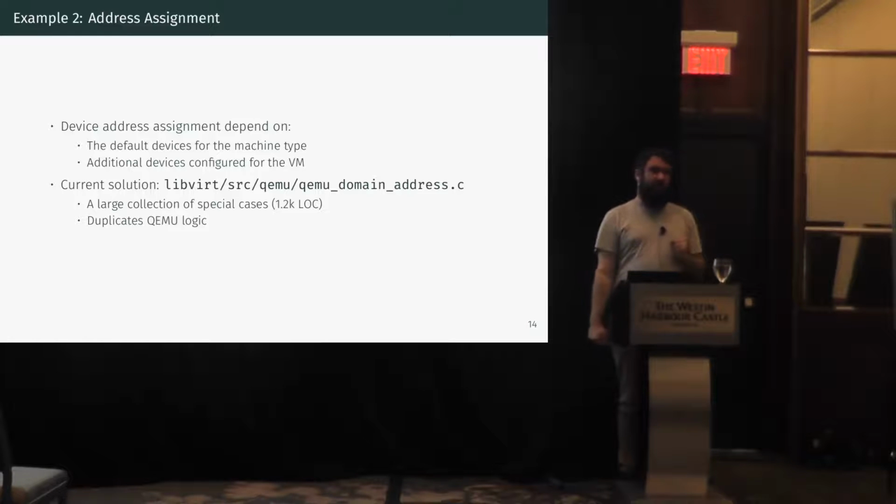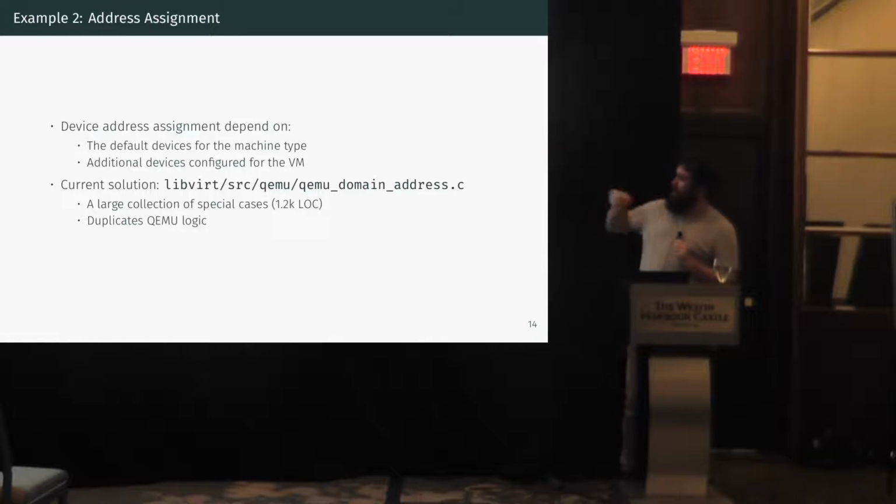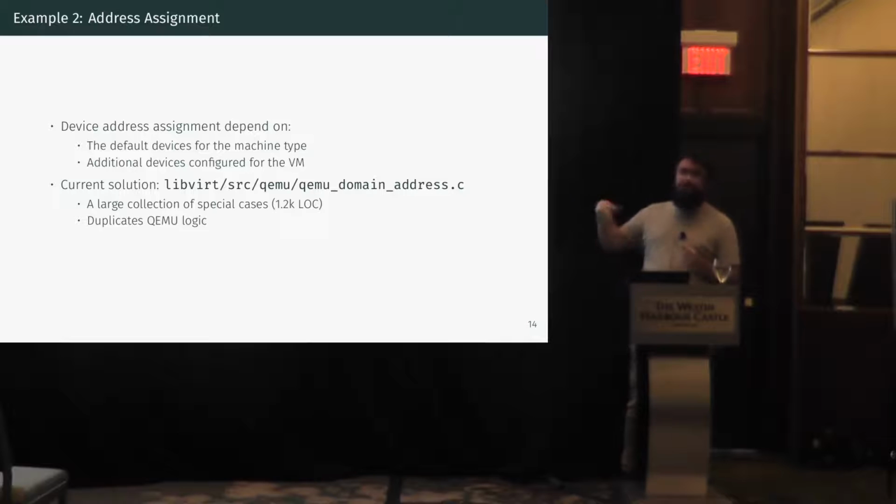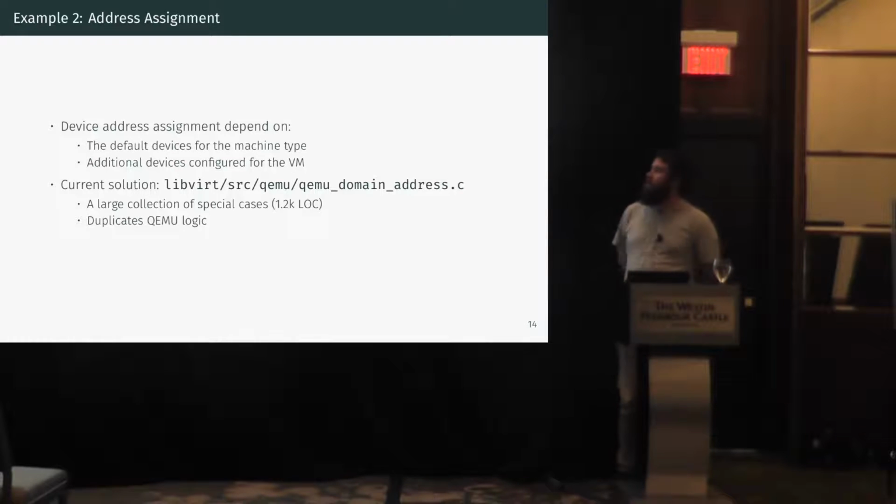The solution we have today is that libvirt duplicates all the logic that's implicit inside QEMU for address assignment inside libvirt code. So we have this file, qemu_domain_address.c, that's basically a very large collection of special cases that tells us what addresses are available and what the rules are depending on the machine type.